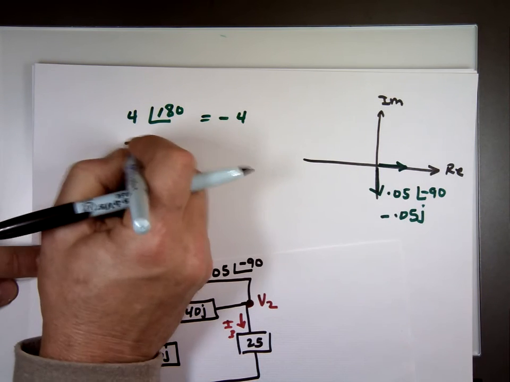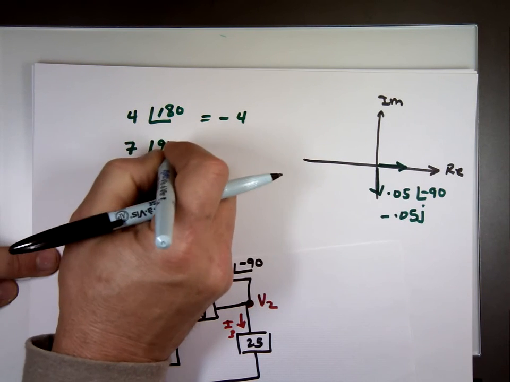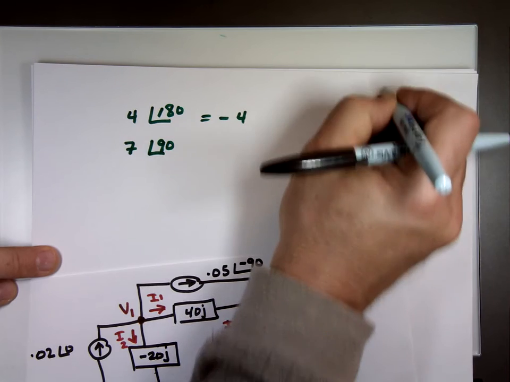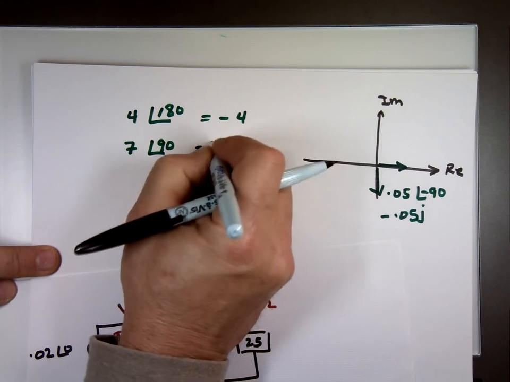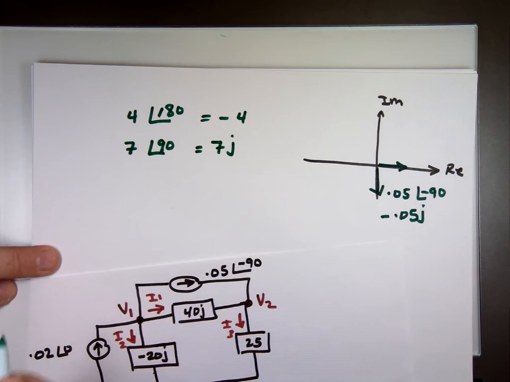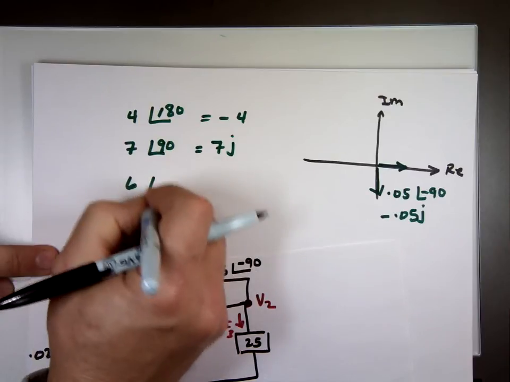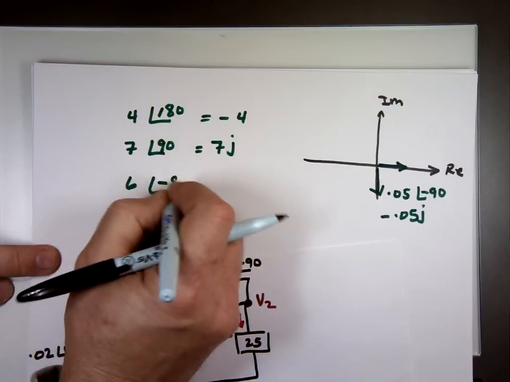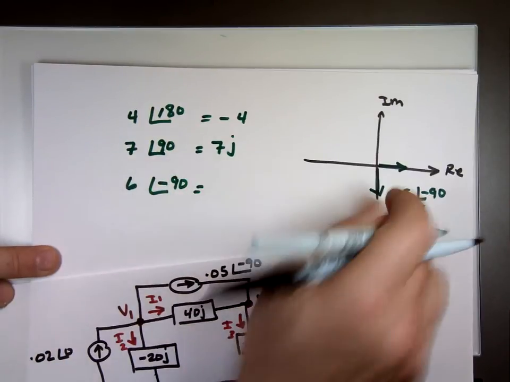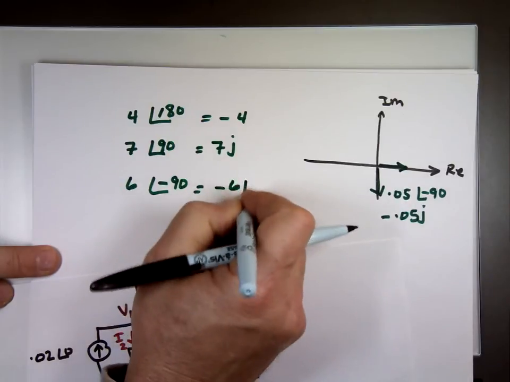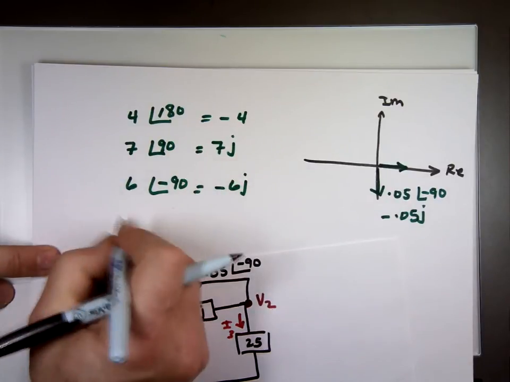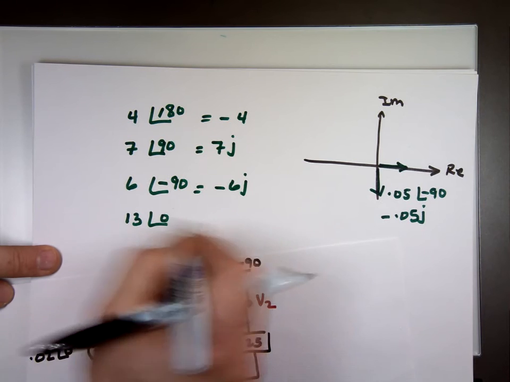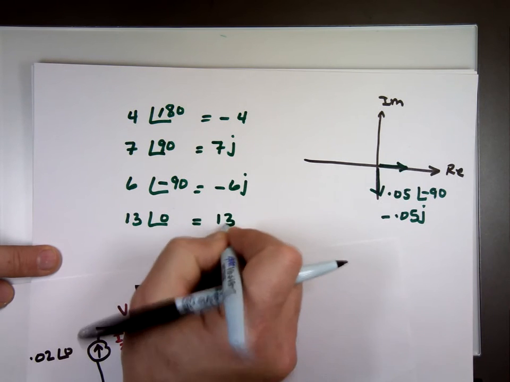If I have 7 angle 90 degrees, that's 7 units up. That's 7j. If I have 6 angle negative 90 degrees, that's pointing down. That's negative 6j. If I have 13 angle 0, a lot of times you see me just write 13 because it's in the real value.